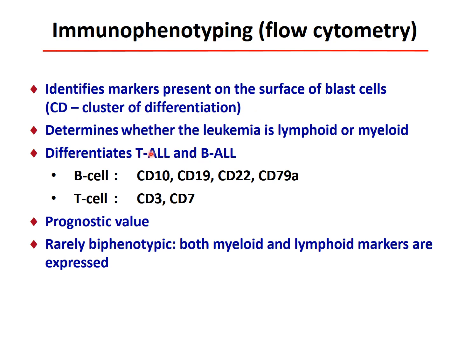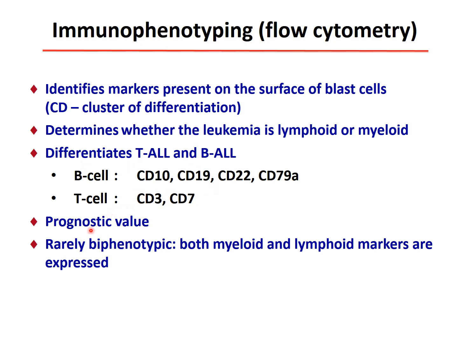You should not learn all of the markers, but at least a few should be listed. For example, the B-cell markers, which will be very useful when we talk about chronic lymphoid leukemia: CD10, 19, 22 are very specific markers for the B-cell. Or the T-cell markers such as CD3 or CD7 represent the T-cell line. Why is it important to know the line? Because the treatment and the prognosis are different.